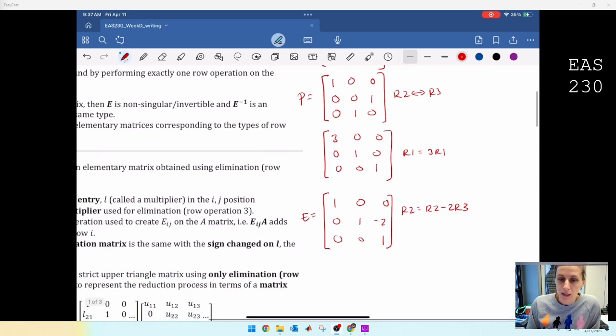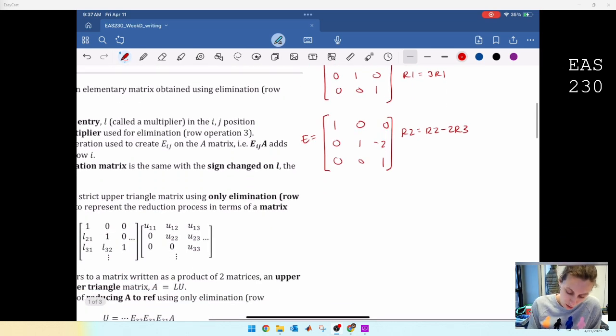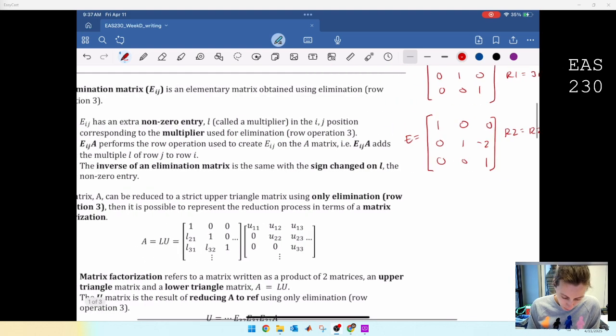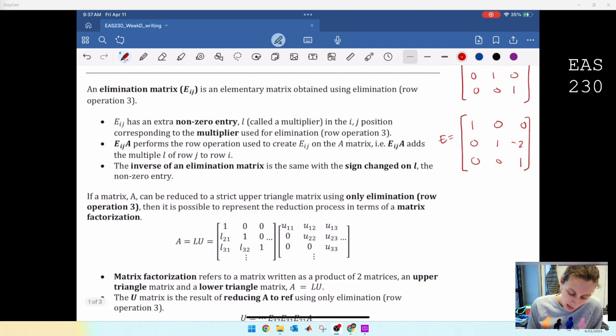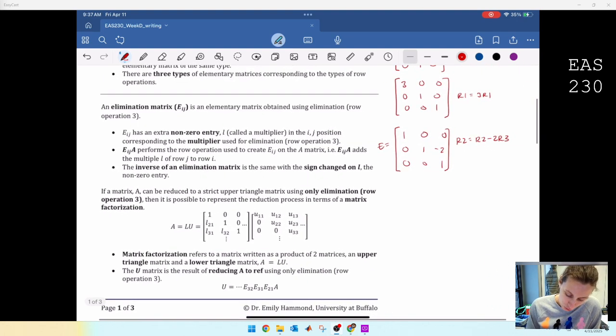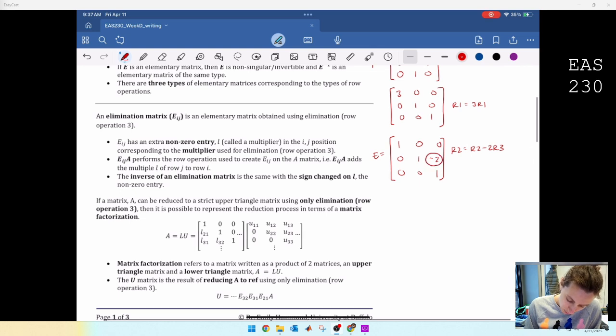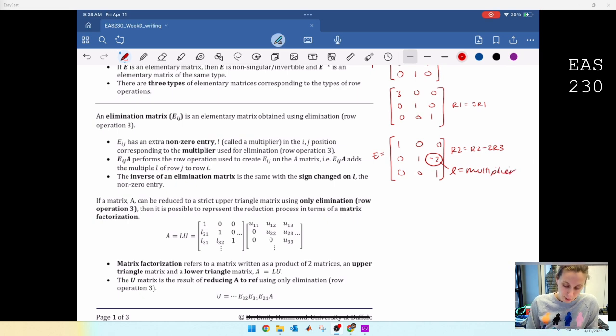And then lastly, my elimination matrix. So here is an elimination step where I said row 2 equals row 2 minus 2 row 3. And we'll notice this elimination matrix has an extra non-zero entry. This here is my non-zero entry. It's called L. It's a multiplier that shows up in the 2, 3 position. And notice I replace row 2 using row 3.